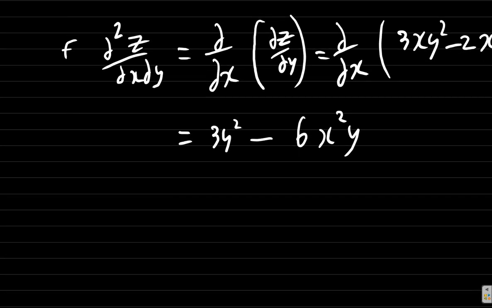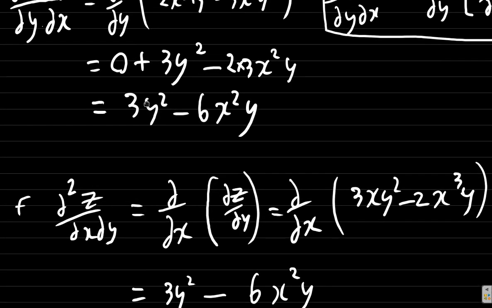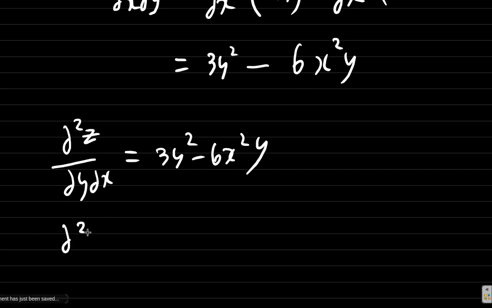So therefore, let's write them down, the e and f again. Delta square z by delta y delta x is equal to 3y squared minus 6x squared y. And what was delta square z by delta x delta y again?